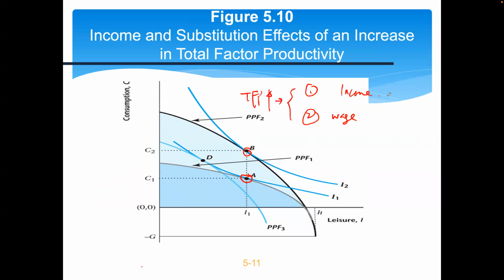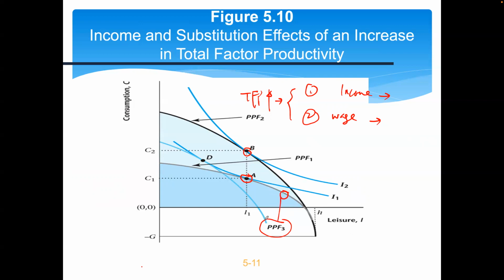And they have different implications for consumption and leisure. To understand their distinct impact, we need to draw a third PPF line. To summarize again, PPF3 implicitly shares the same level of income as the original PPF.